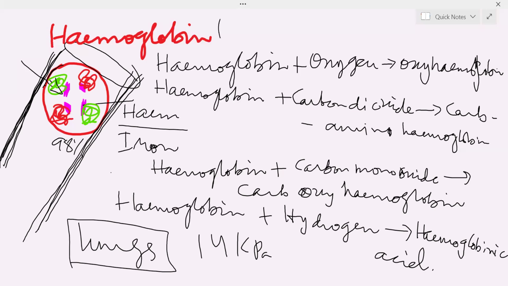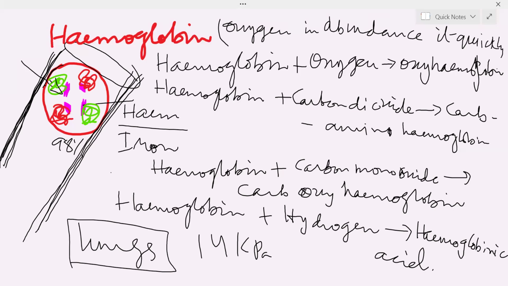When it finds oxygen in abundance, it readily picks up oxygen and binds with it.